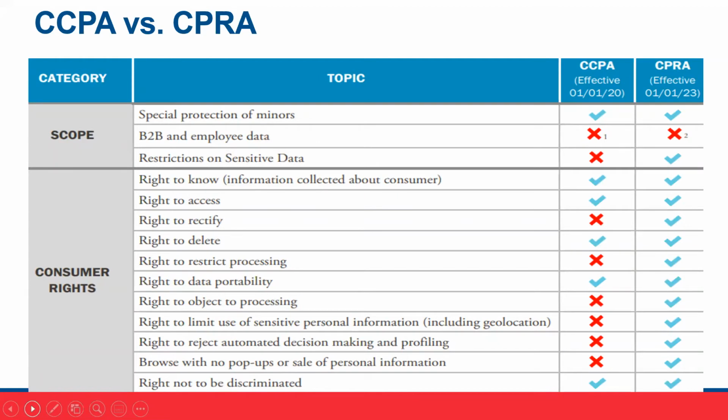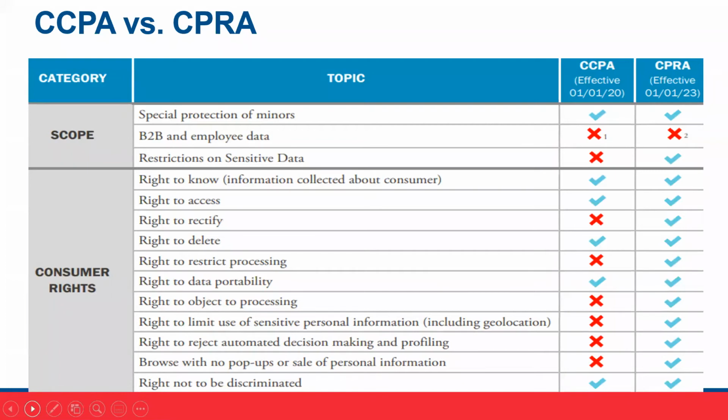Just a high-level overview of the CCPA versus the CPRA. As you can see, CPRA introduces further requirements going beyond what we have under CCPA. So right to access your data was a right under CCPA, but now we have the right to restrict the processing of data, the right to object to the processing of your data.